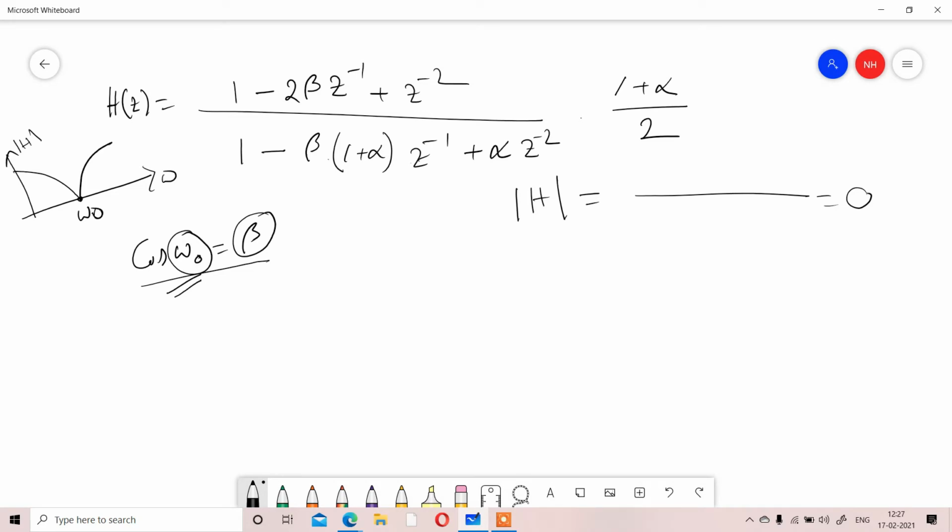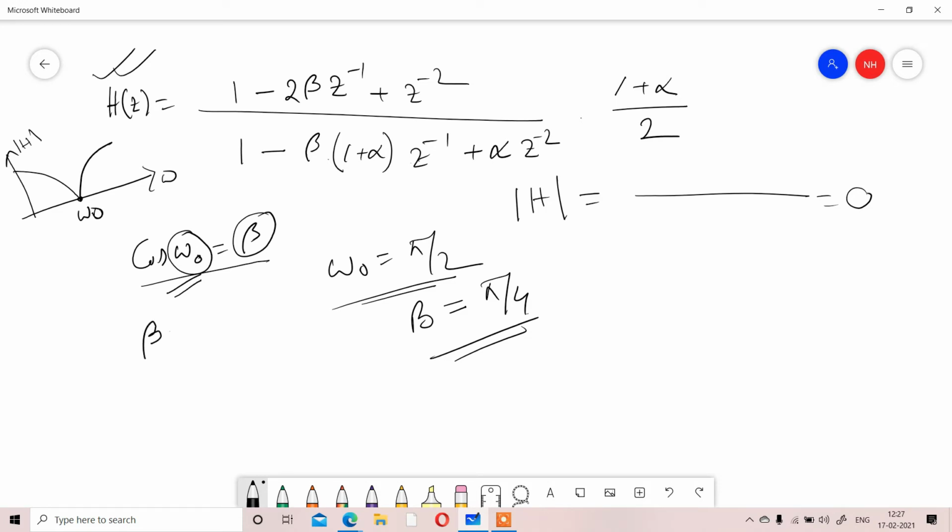So simply if I ask you, if omega naught is given as pi by 2 and b equal to pi by 4, what will be the response of the band stop filter? Omega naught is equal to pi by 2, so beta equals 0, because cos pi by 2 equals 0.